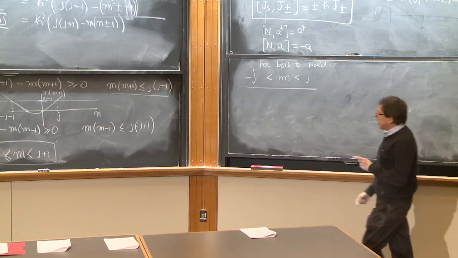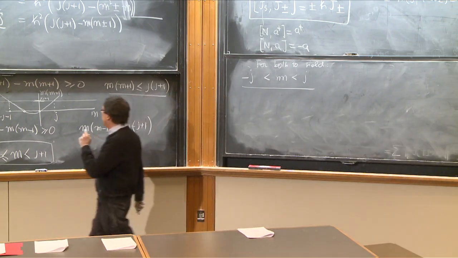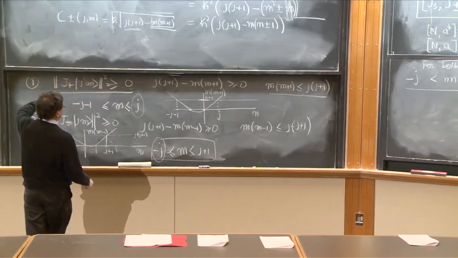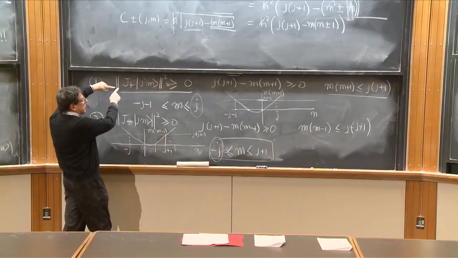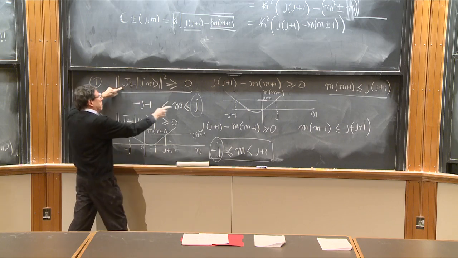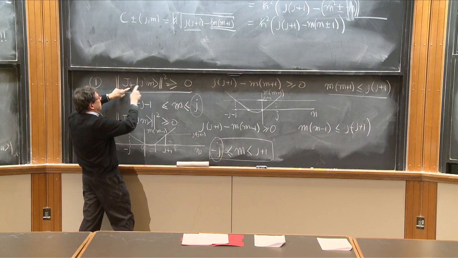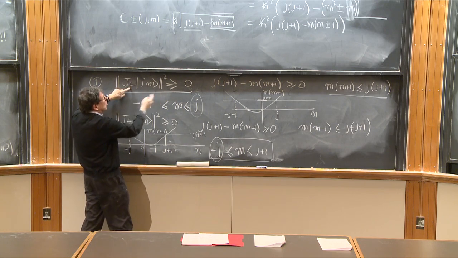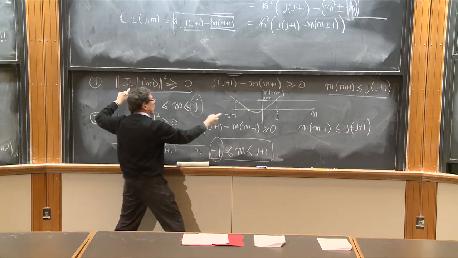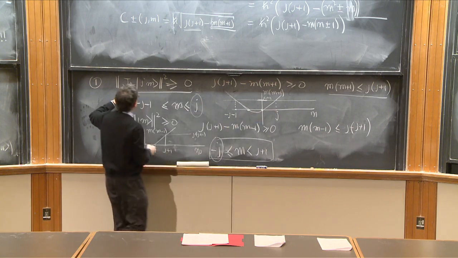Now, look what happens. Funny things happen. It is sort of reasonable that the strongest value comes from this equation, because j plus increases m. So at some point you run into trouble if you increase m too much. How much can you increase it? You cannot go beyond j. And that makes sense.